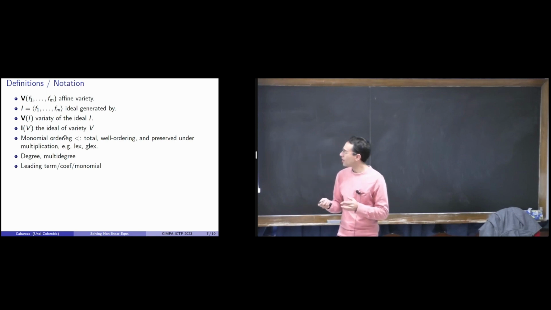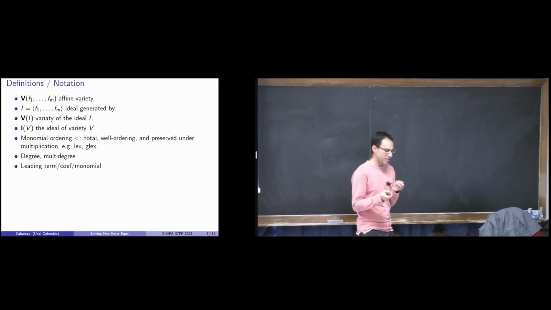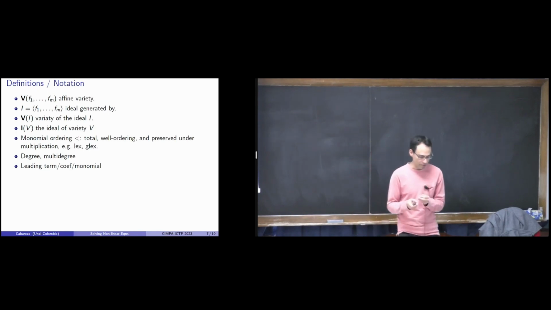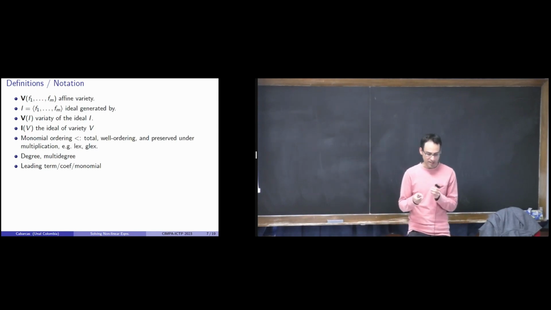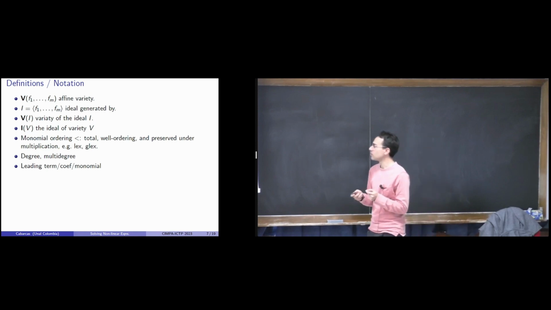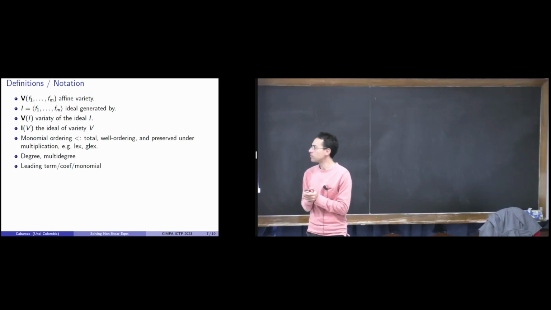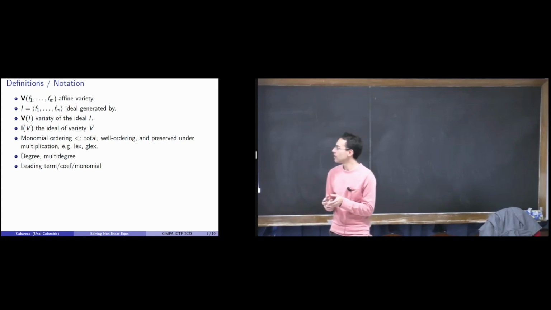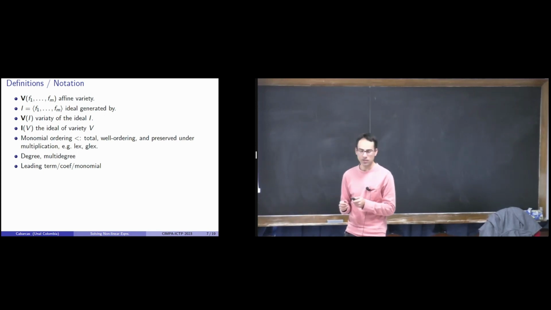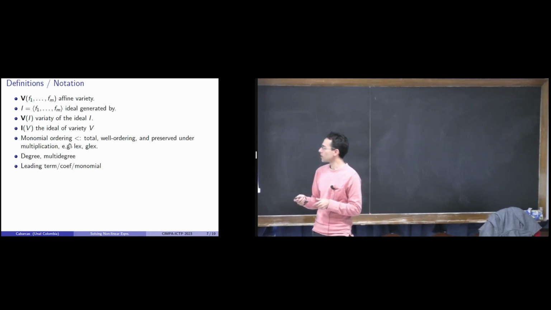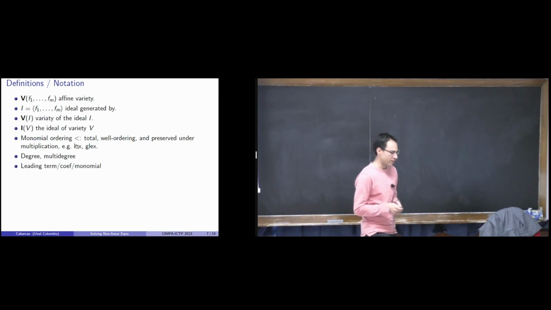So a monomial ordering is an order on the monomials of the polynomial ring, and we need that ordering to be a total order. We need it to be a well ordering, and we need it to preserve multiplication. As an example, here we can use a lexicographic order, or we could use a graded lexicographic order, for example.